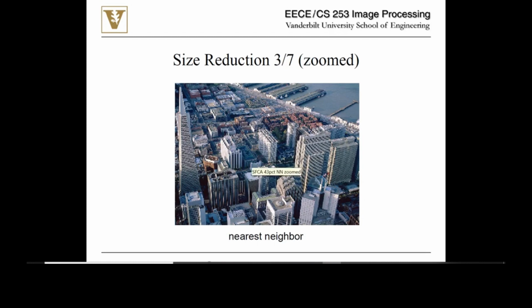Why do we have aliasing in the windows? Because of very small details. Small details mean high frequency, and aliasing is an effect that is visible at high frequency. This is aliasing, and this is bilinear, this is bicubic. Actually, in the bilinear, we still have a little bit of aliasing here. Bicubic is a bit better.